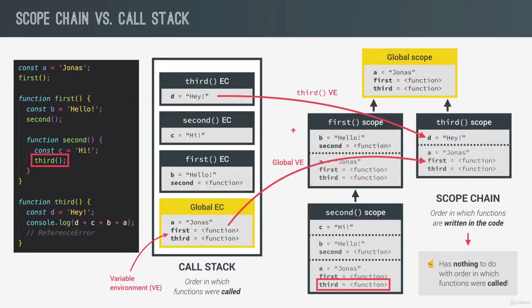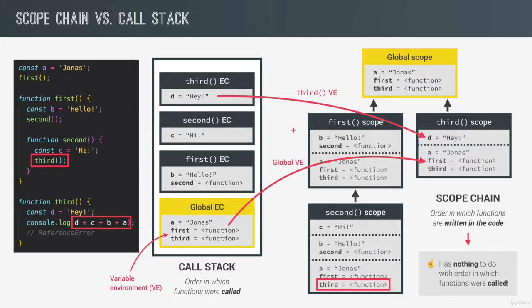Great, so what happens in this third function? Well, we're trying to access variables b, c, d, and a here. D is no problem because it's right there in the third function's scope. So that one is easy. Then variable c is not in a local scope, and so JavaScript needs to do a variable lookup.